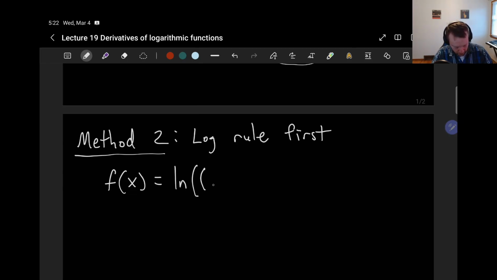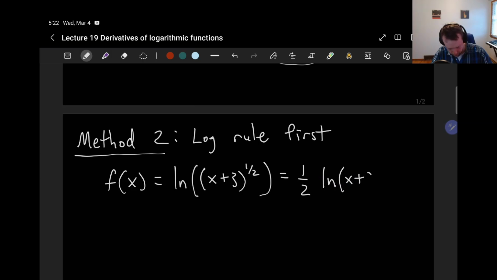So instead of writing it as a square root, I'm going to write it as an exponent to the 1/2 power. And recall, one of the log rules is that whenever you're taking the logarithm of an exponential, this power can move outside. So again, I haven't even taken a derivative yet, but I've rewritten the function so that its derivative will be easier.